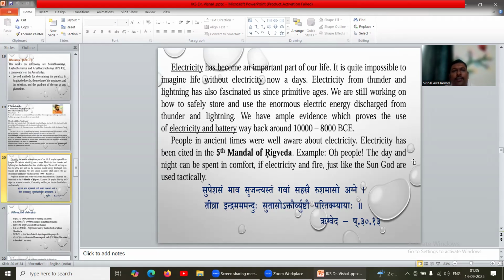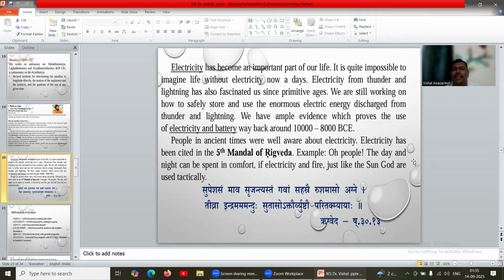We are still working on how to safely store and use the enormous electric energy discharged from thunder and lightning. We have ample evidence of the use of electricity and batteries way back around 10,000 to 8,000 BC. People in ancient times were well aware of electricity.